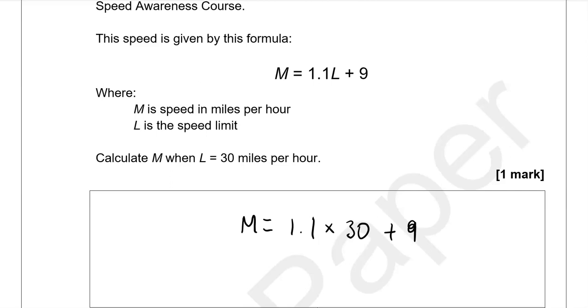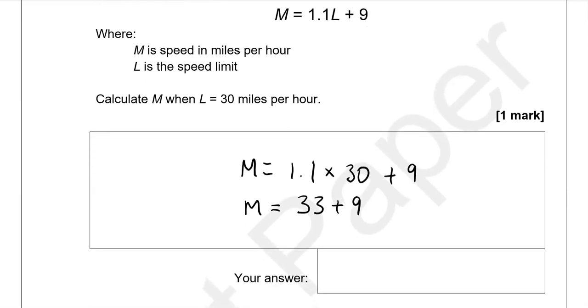So we'll do multiplication first. Using a calculator, 1.1 times 30 gives us 33, and then add 9. So that makes 42.